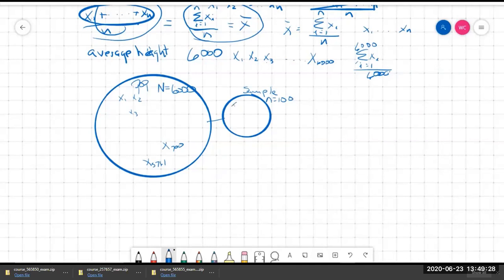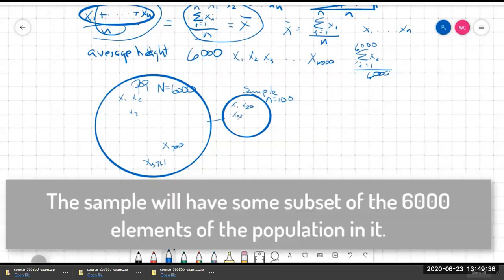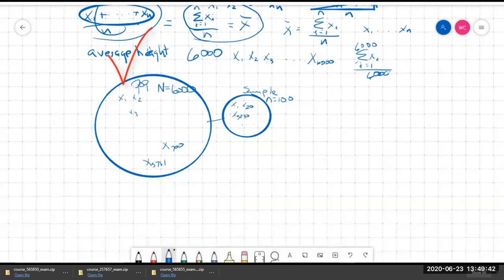So we have x1 here, and maybe x20 in there, and x5230. But whatever, we only have 100 of them. That's a sample from here. So we have 100 elements in here, which are drawn from the full population.